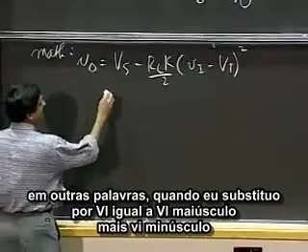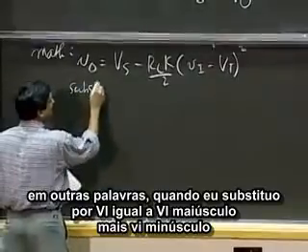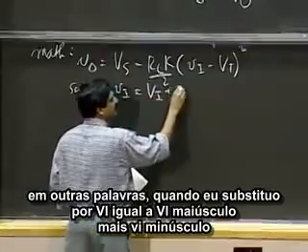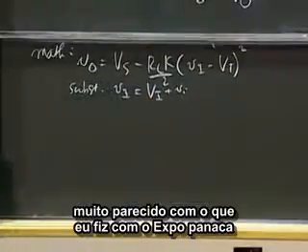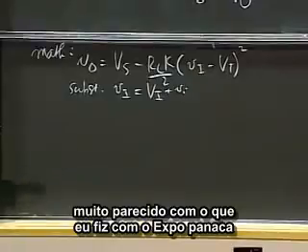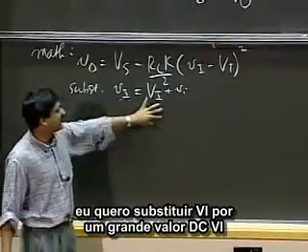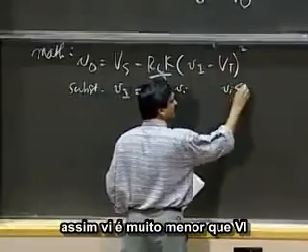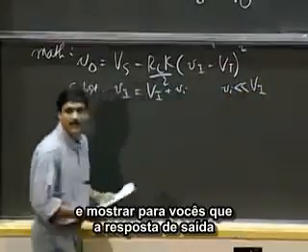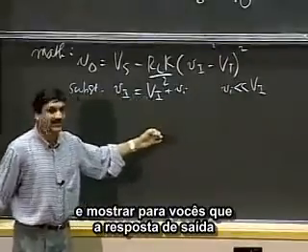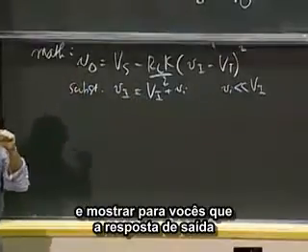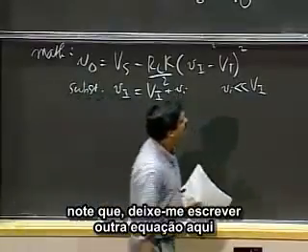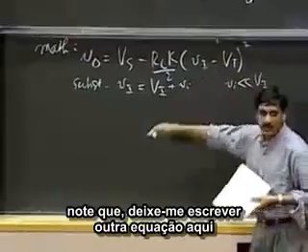In other words, I substitute for VI, capital VI plus small vi, a big DC VI. So small vi is much smaller than capital VI, and I'll show you for yourselves that the output response, small vo, is going to be linearly connected to small vi.